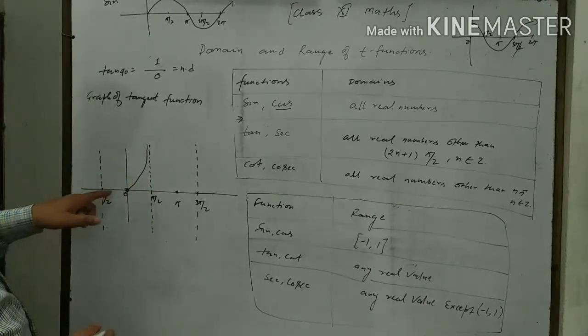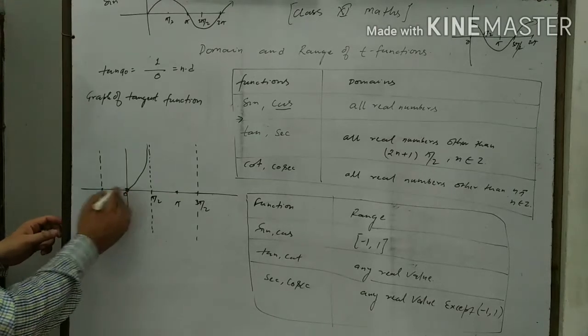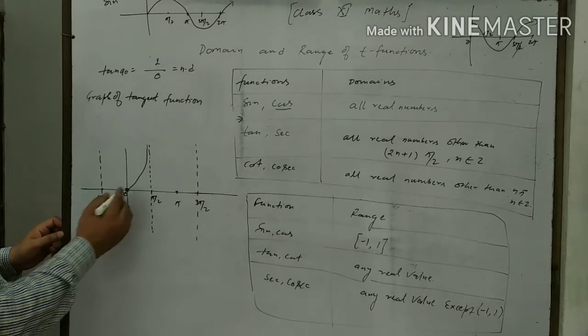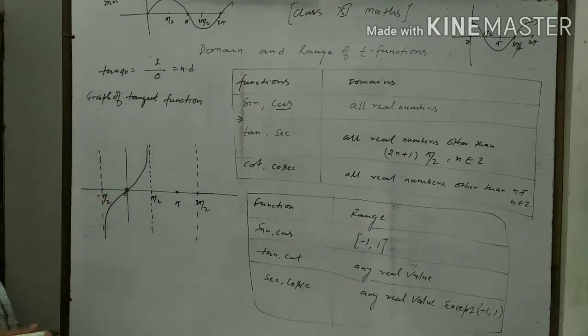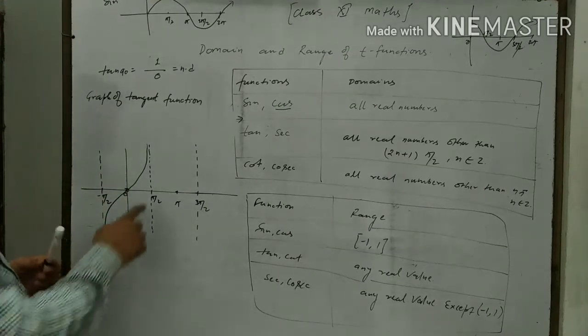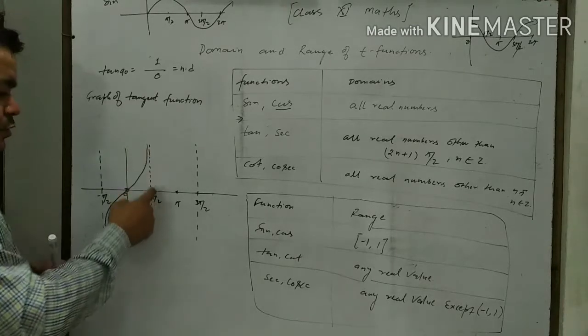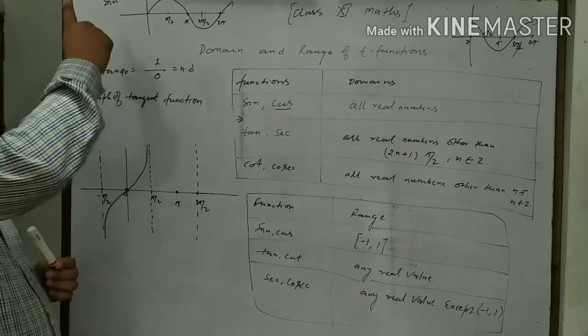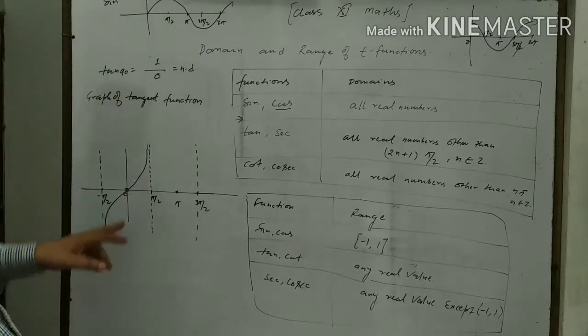Similarly, if we take here minus pi by 2, then also at minus pi by 2 it will be not defined. Means the graph will be like this. It will not touch this value, but goes up to infinity, means not defined.